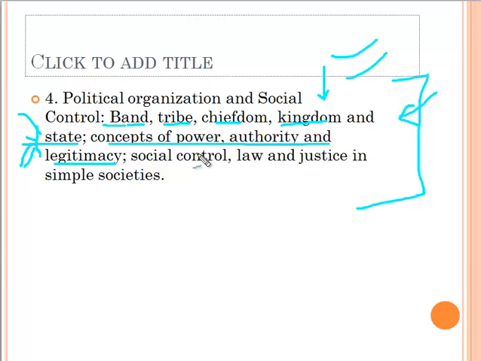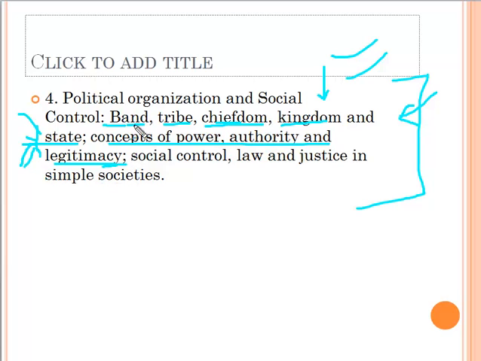And then legitimacy, how different powers or authorities are legitimized in different societies, like in democracy or in bureaucracy. How do you get legitimacy? Because you have passed a certain examination and you have been legitimately appointed by the state to work as a bureaucrat. Similarly, in ancient societies, a person who is from the royal family or the chief's family will have more power and authority because he is from the chief's family.